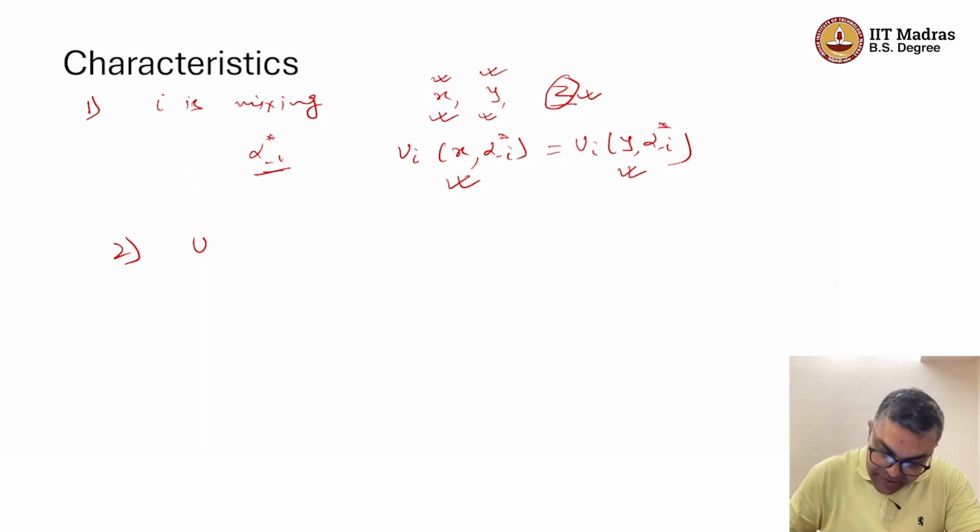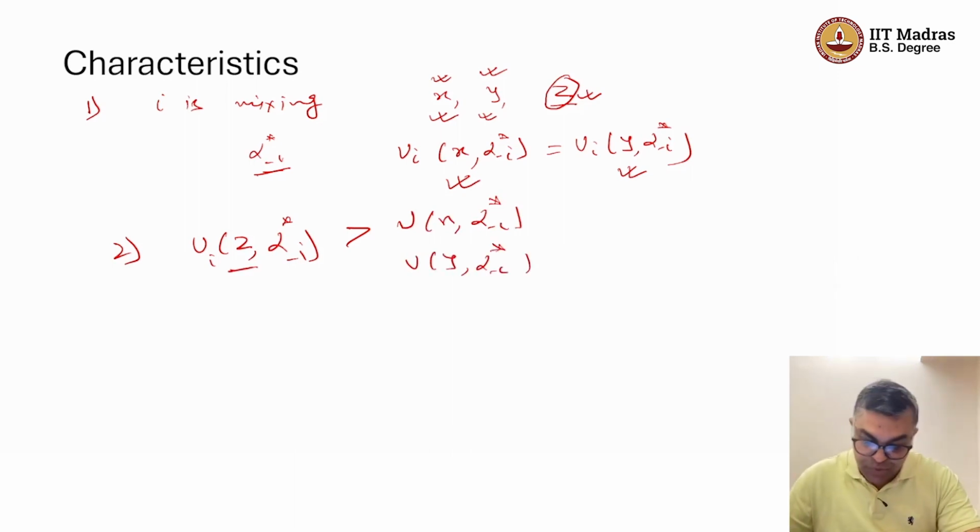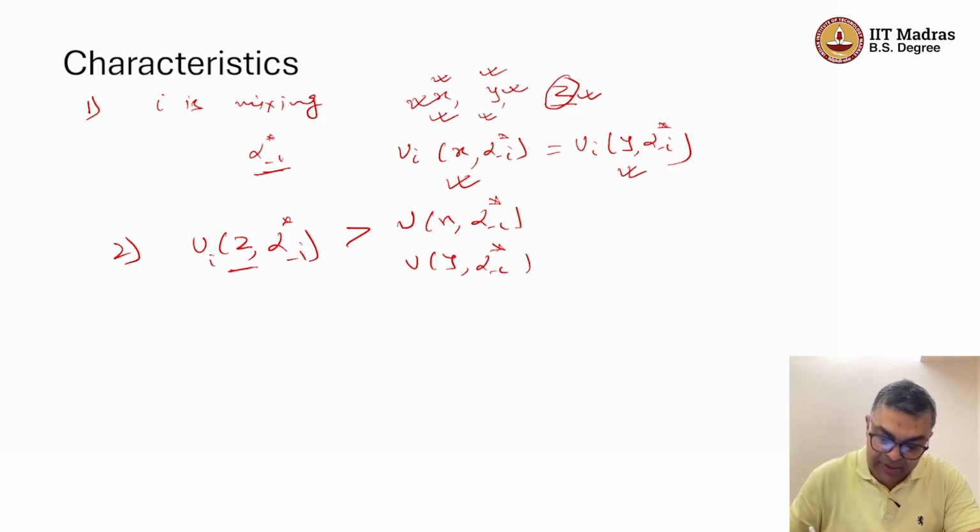So it is not possible that the payoff to I from Z happens to be greater than from X or Y. The reason is very simple. Then Z would be the best response and it would not make any sense for player I to mix using X and Y. He should be using Z. So it is very clear that this has to be greater than.